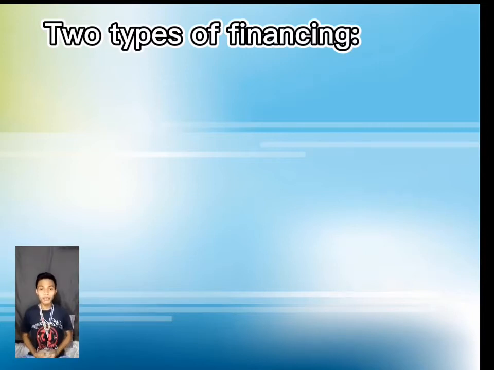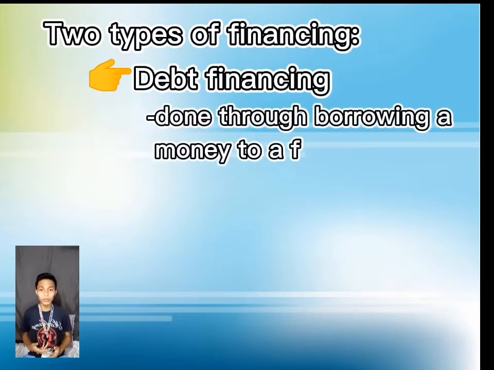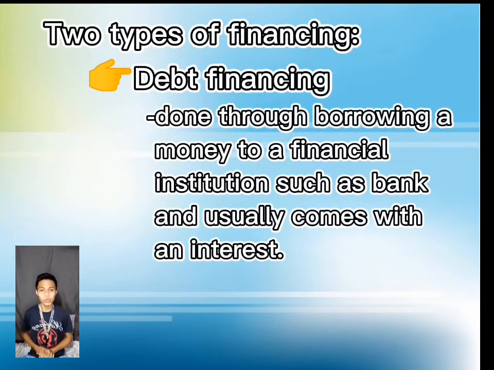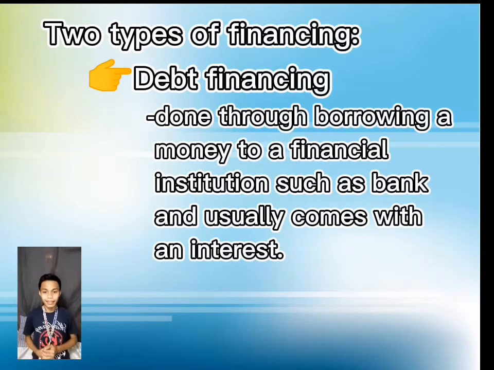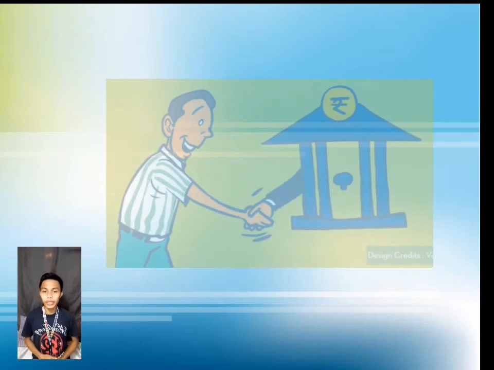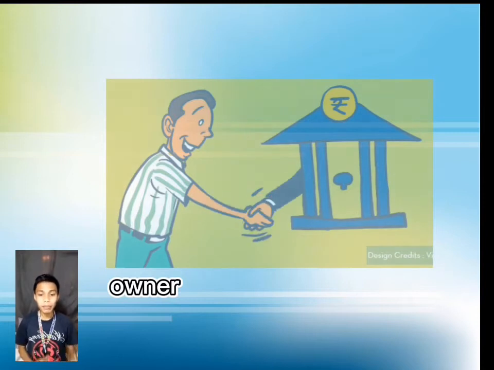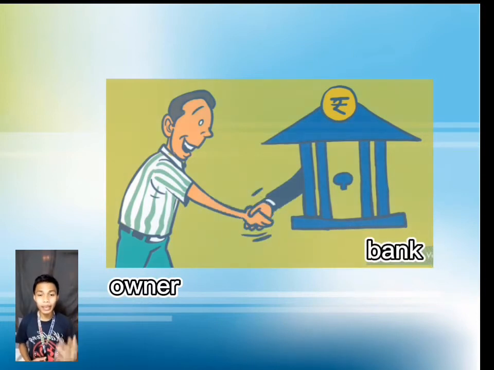The first type of financing is debt financing. Debt financing is done through borrowing money from a financial institution such as a bank and usually comes with an interest. In this type of financing, the owners borrow money from different financial institutions such as banks, lending companies, and credit corporations, so the owner of a business can operate or run the business with the help of the funds they borrowed.